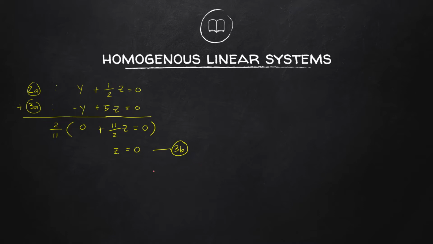And with this, we can now write your new equations. That would be x plus y minus z equal to 0. We have here y plus 1/2 of z equal to 0, and we have your positive z equal to 0.